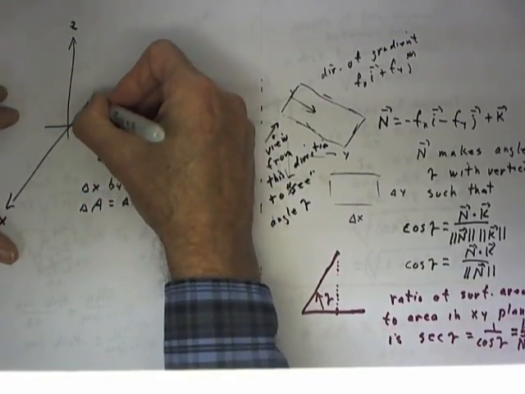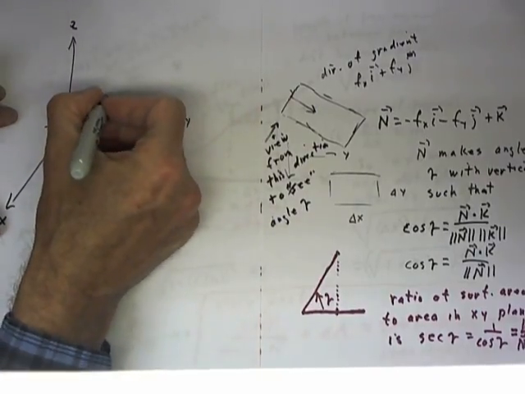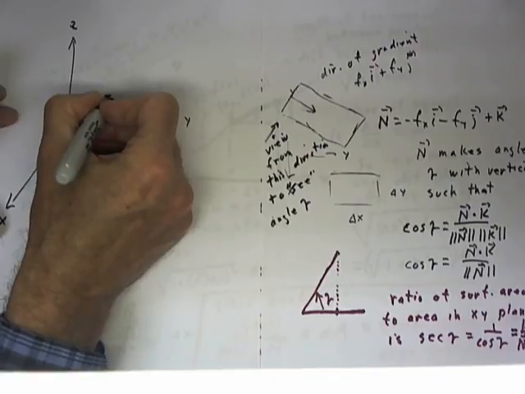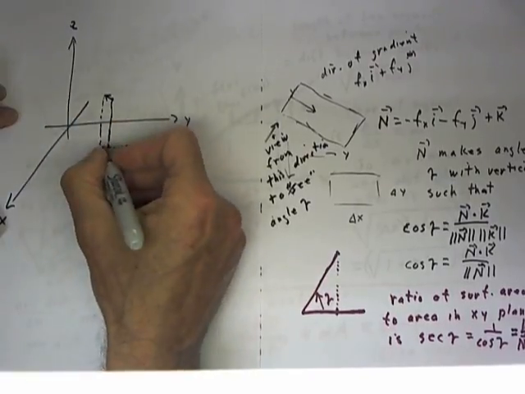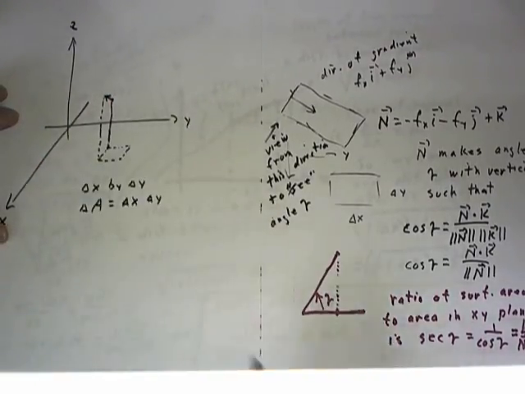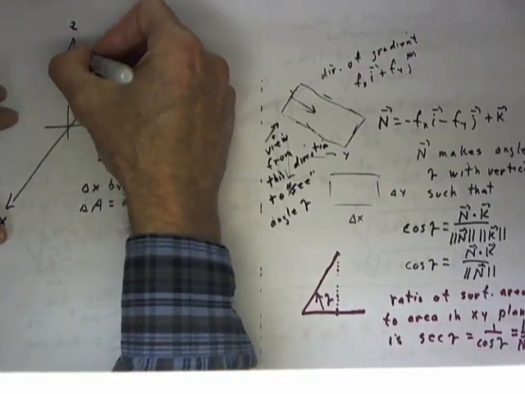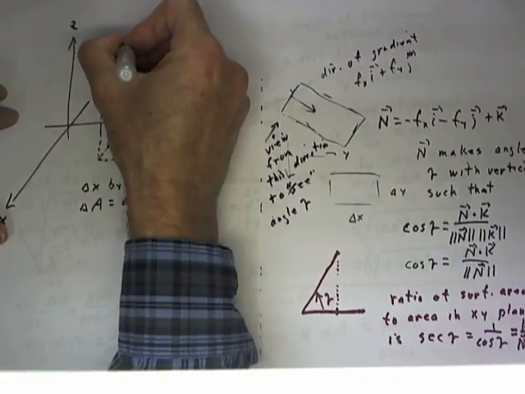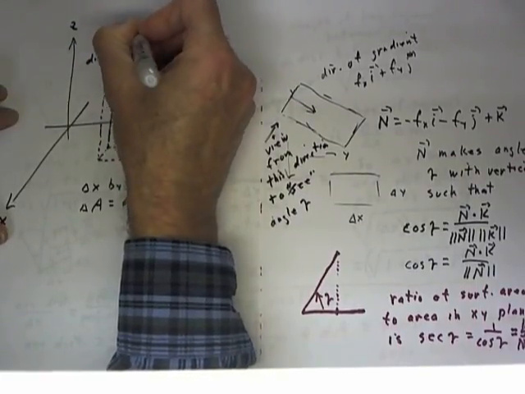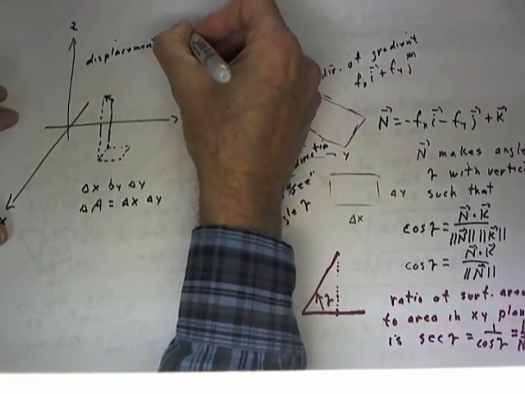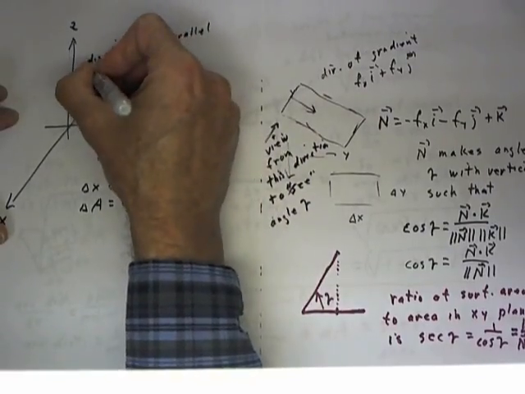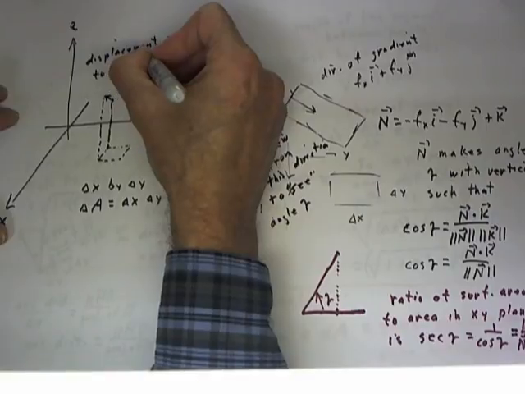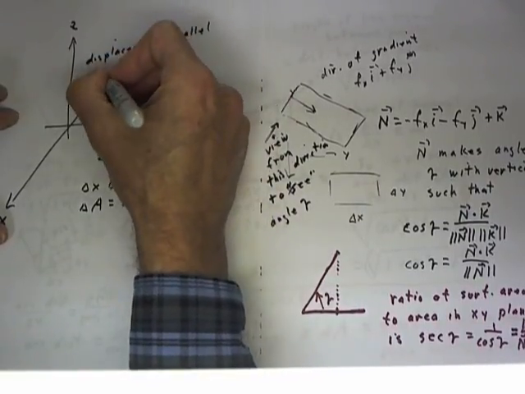If we come up from this point, we can depict the displacement from here to here parallel to the vector I plus fx k.